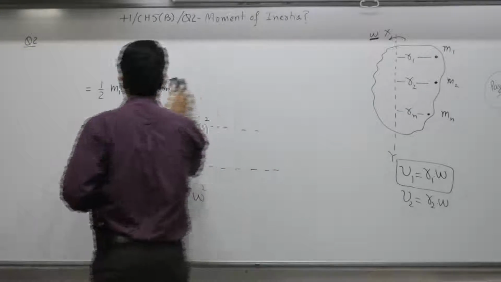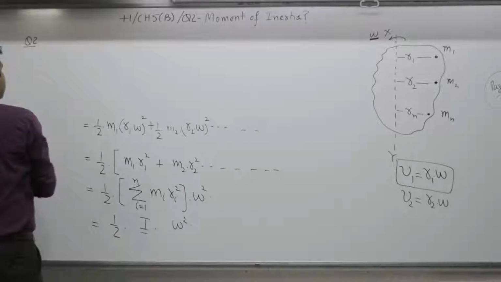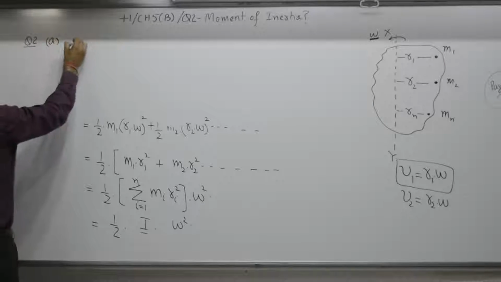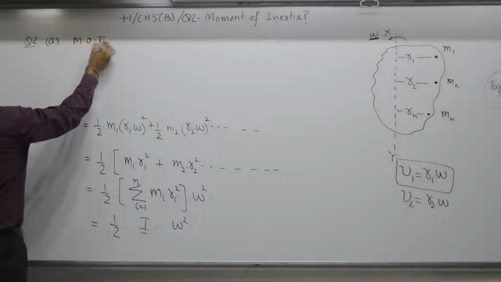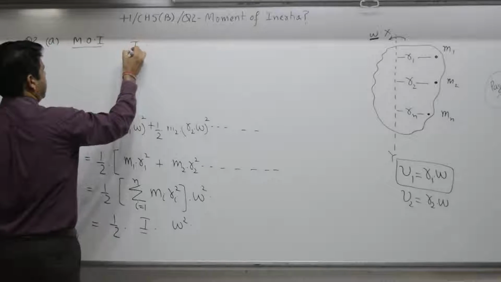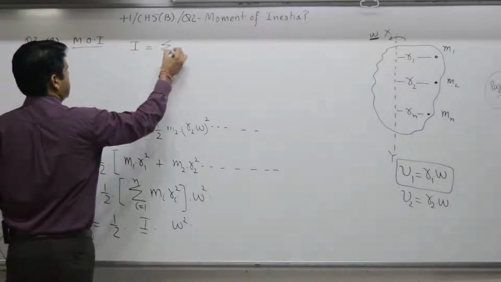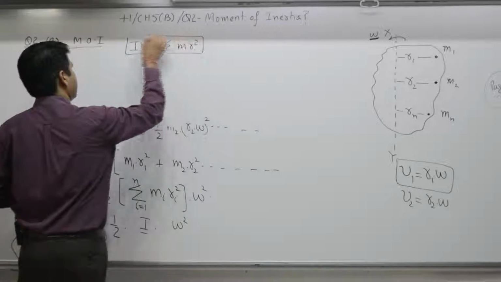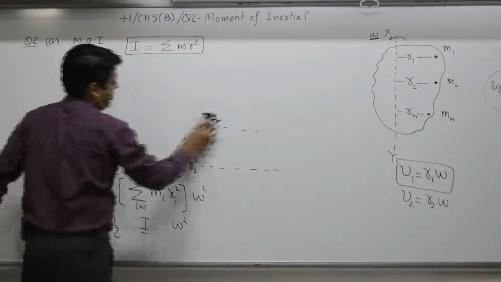First part. Question number 2, A part. Its first part is moment of inertia. Moment of inertia I is equal to the sum of m r square. How do you define this?